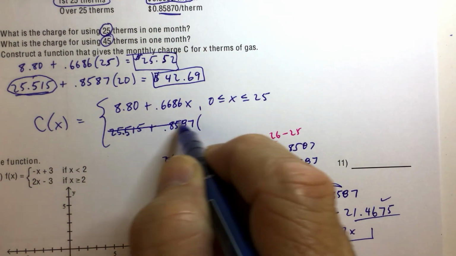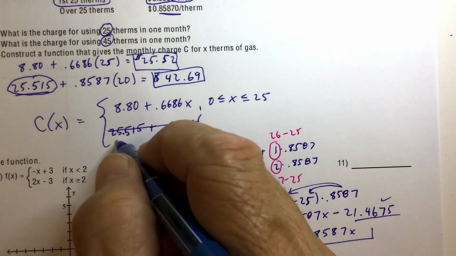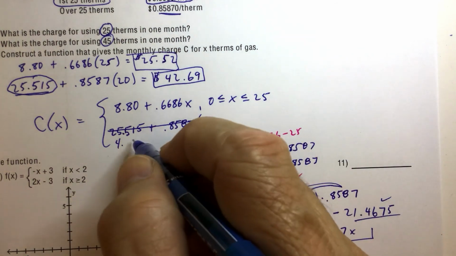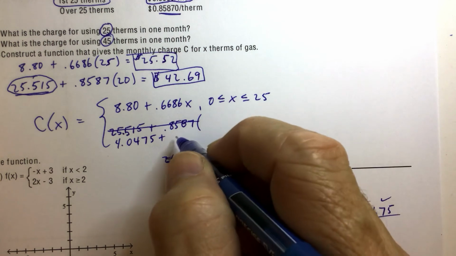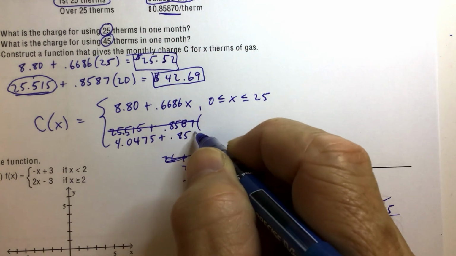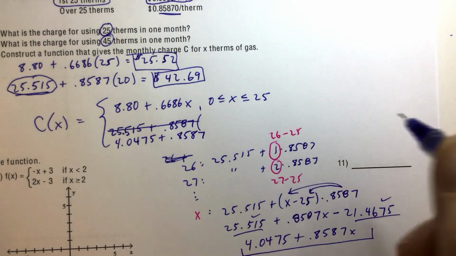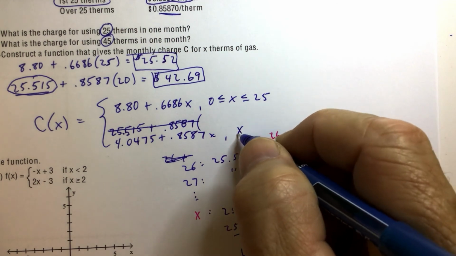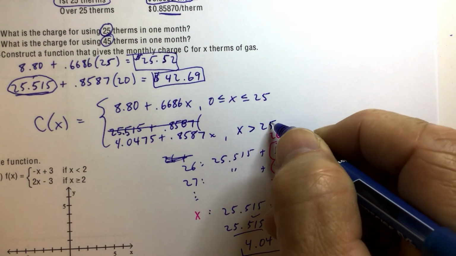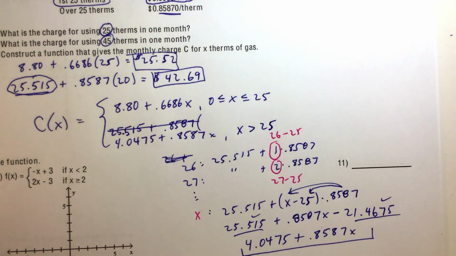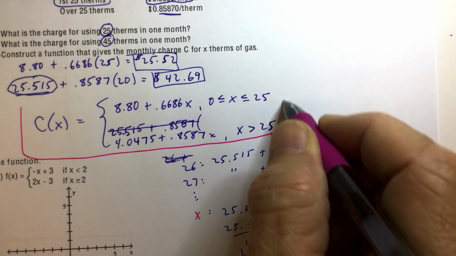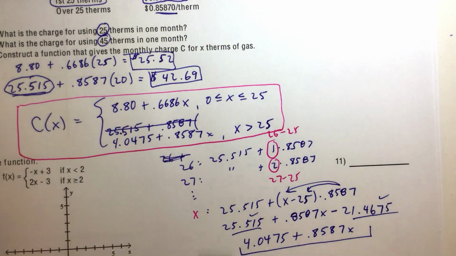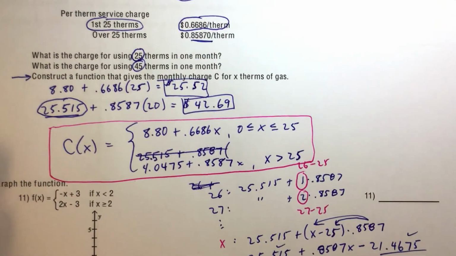And so let's actually write it out like this: 4.0475 plus 0.8587x as long as x is greater than 25. A piecewise function. So you can see the actual real-life usage of a piecewise function.